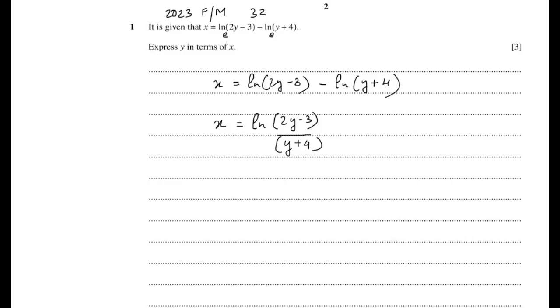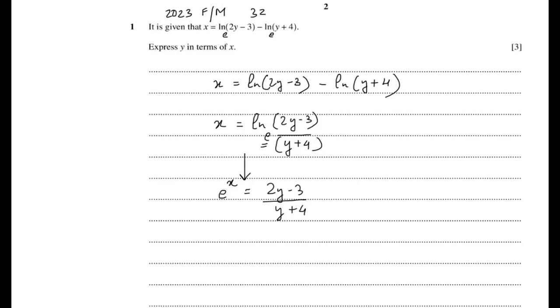Like I was saying earlier, the base here is e. If we want to convert this into an exponential equation in order to get the y's out, we take the base e, put it to the power x, and equate it to (2y minus 3) over (y plus 4).